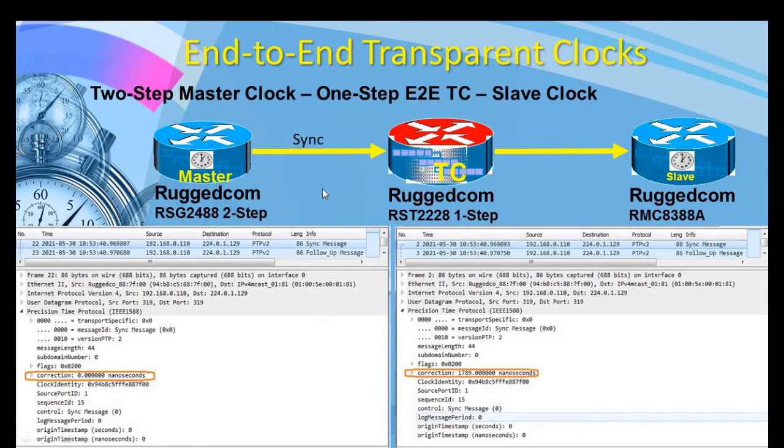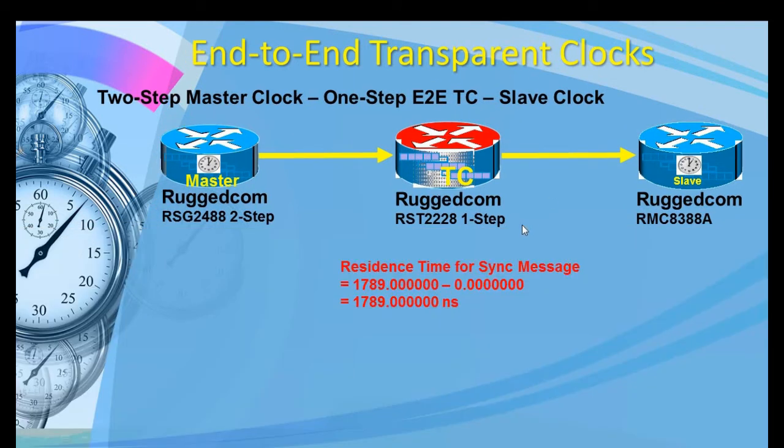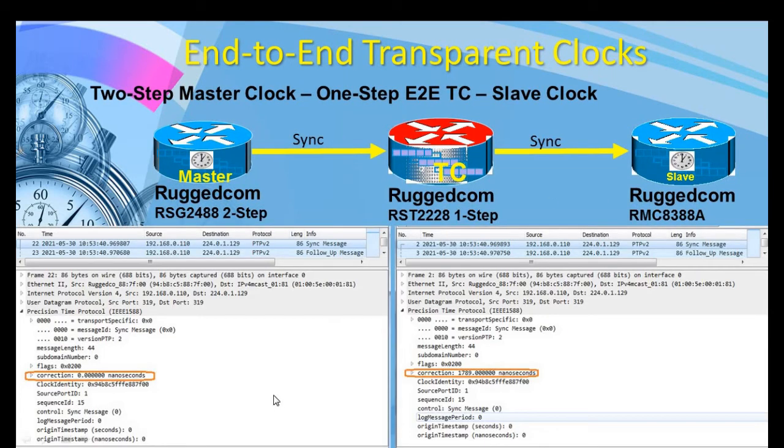The master side sends the sync message, forwarded by the transparent clock. We check the ingress port on this transparent clock is 0, and the correction field of the sync message on the egress port is 1789 nanosecond, which means the sync message is modified.